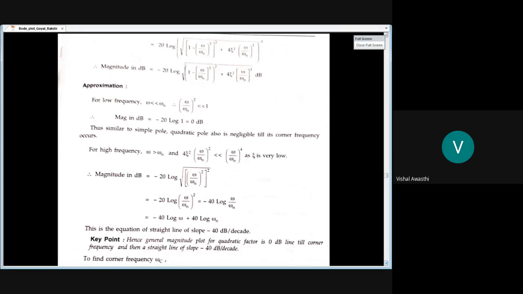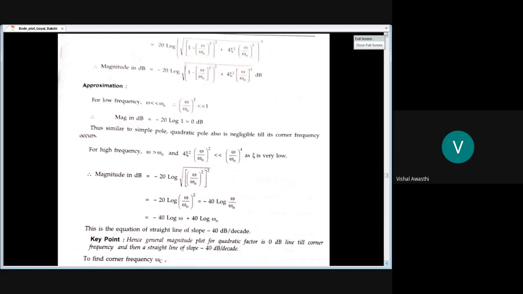It means when you have a simple pole s, the magnitude slope is minus 20 only. When this is s square, this is minus 40. When it is s cube, that is minus 60. So this is the power which is going to multiply with the 20 in front of that log omega, and according to that the slope is changing.